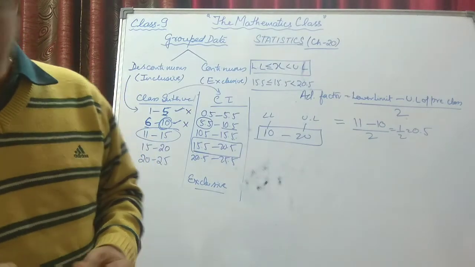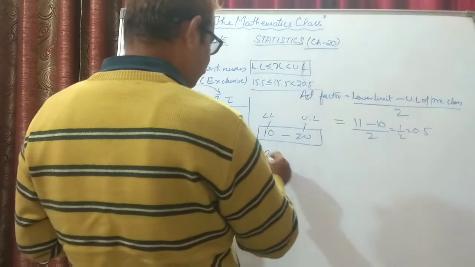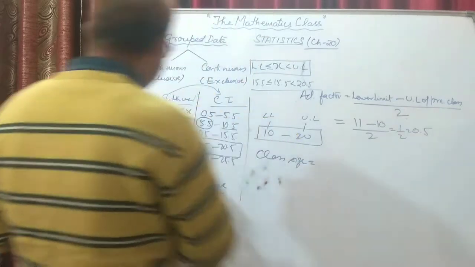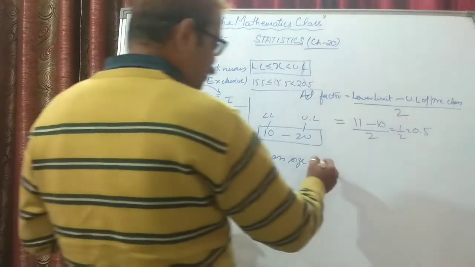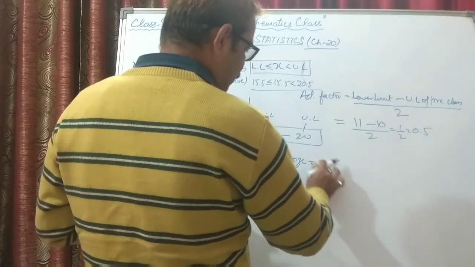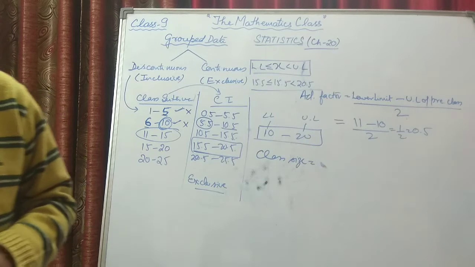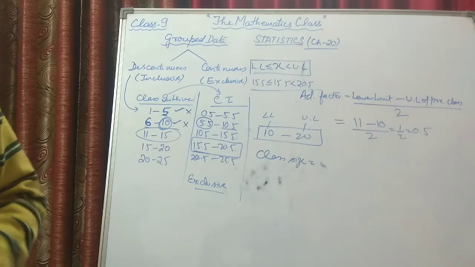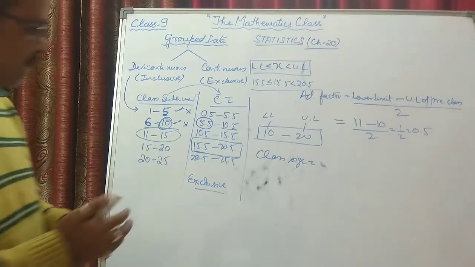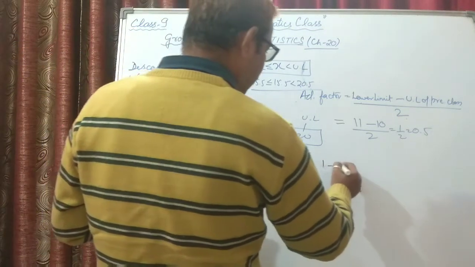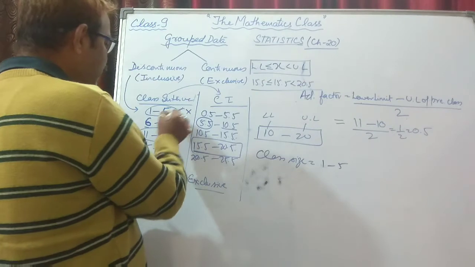Now one thing is there, what is class size? Suppose 1 to 5. The difference between true upper limit and true lower limit is known as class size. Now here it was 1 to 5, but this was discontinuous.